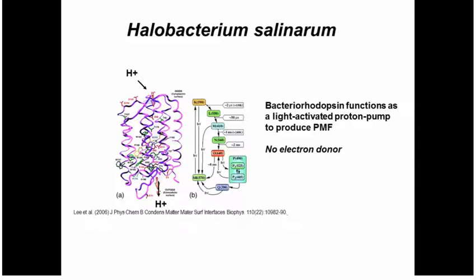It will transport one proton from the cytosolic face of the membrane to the outside of the membrane every time it absorbs a photon. So it's a light-activated proton pump, and this is just helping the bacterium to generate proton motive force. There's no electron donor, no electron acceptor. It just generates a proton gradient, and then this can be used to help the bacterium produce ATP with the proton ATPase.